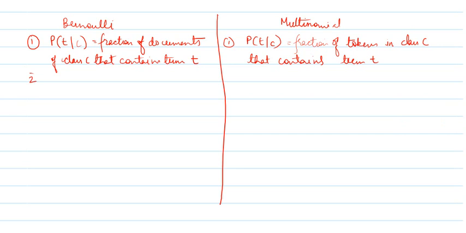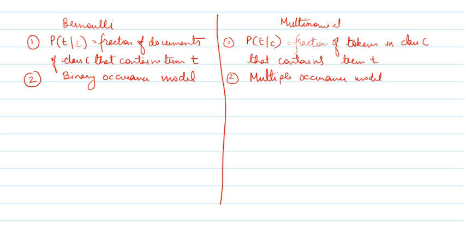The second point is that Bernoulli is a binary occurrence model, and multinomial is a multiple occurrence model.